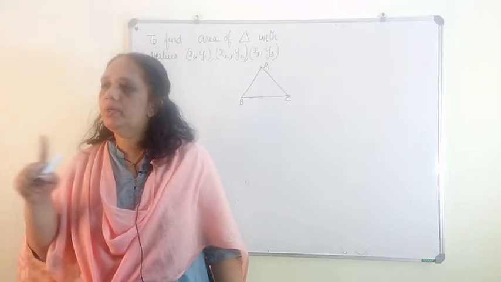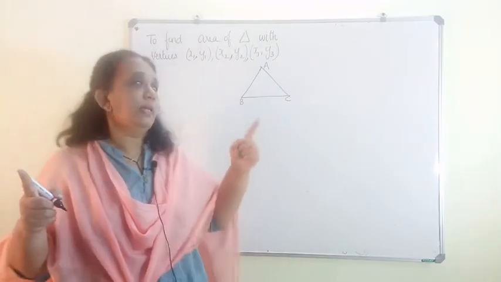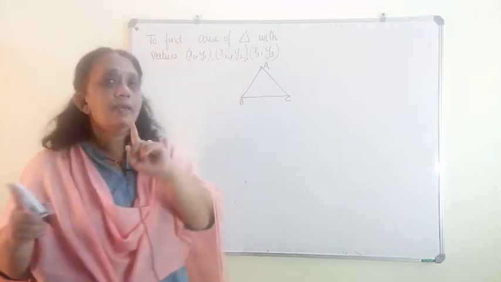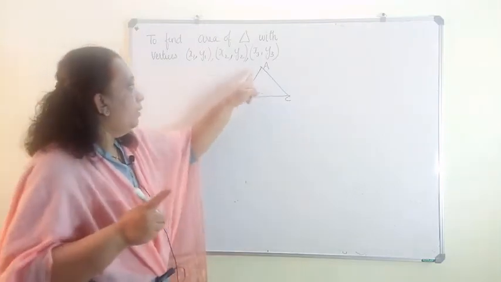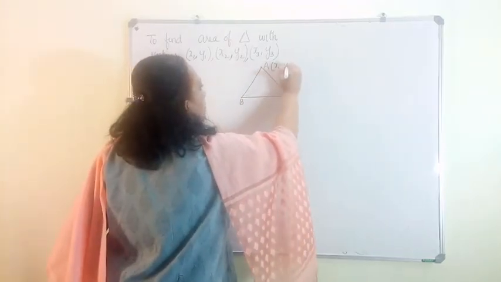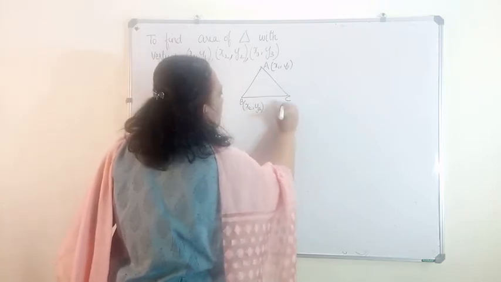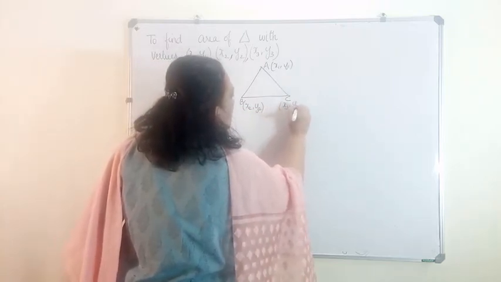Yes, the points should lie on the same line. Now three non-collinear points, that is, the 3 points will not lie on the same line, then you get a triangle. This is x1 y1, x2 y2, x3 y3. Proof is not required.